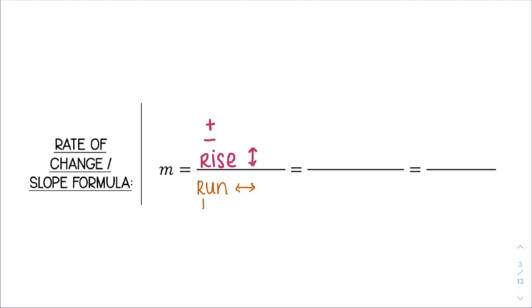Again, it could be positive or negative. Obviously, you would apply your positive and negative rules with division. Another way you can think of it is your change in y. So what's the change in your y values divided by your change in your x values?